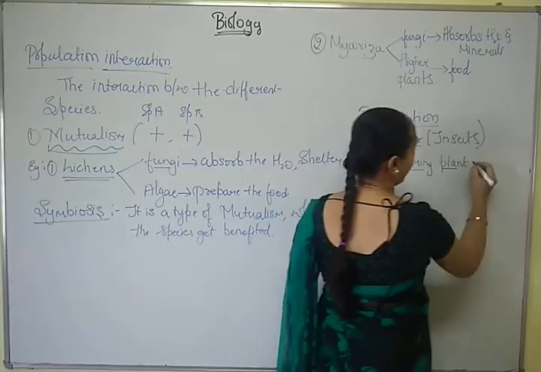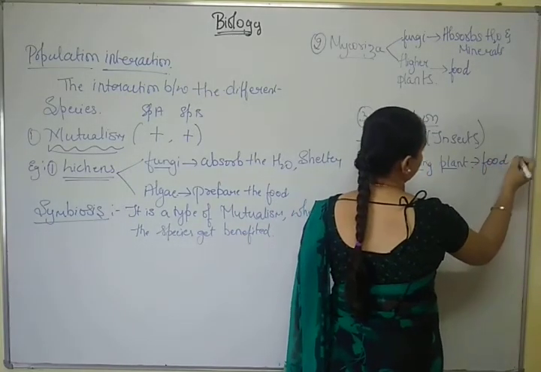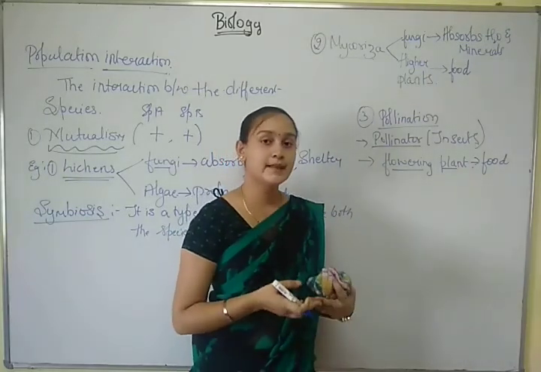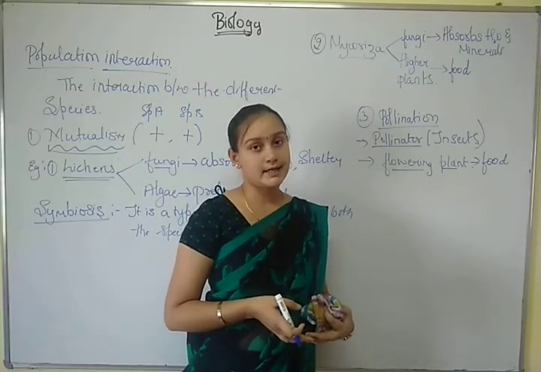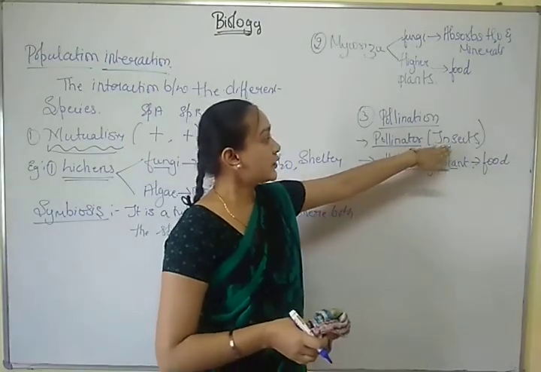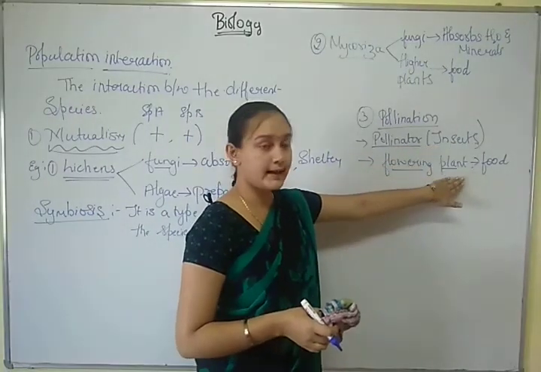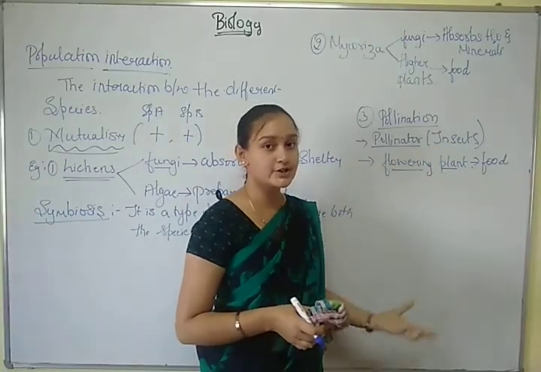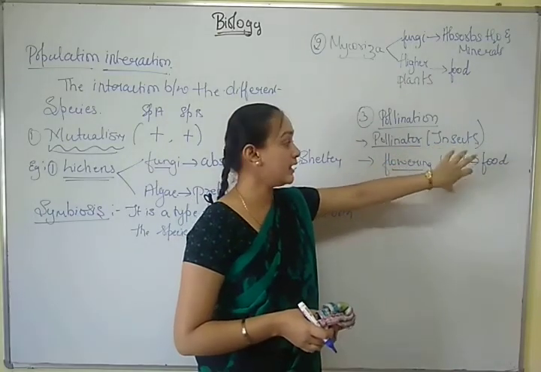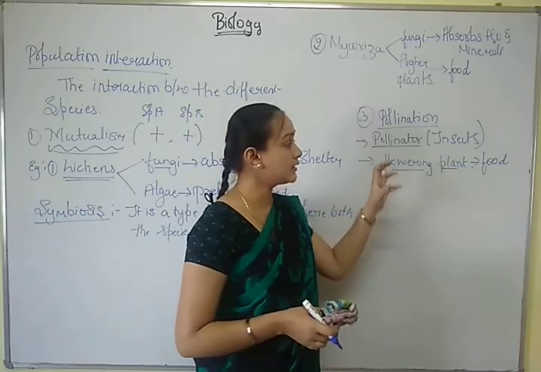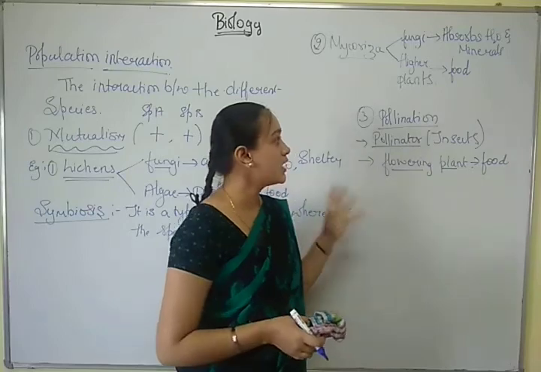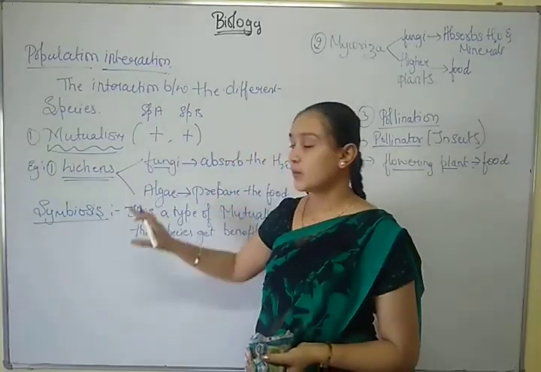The flowering plant provides food for the insects, and the food is the pollen grains. So insects help the flowering plant with pollination, and the pollen grains are the food for the insect.